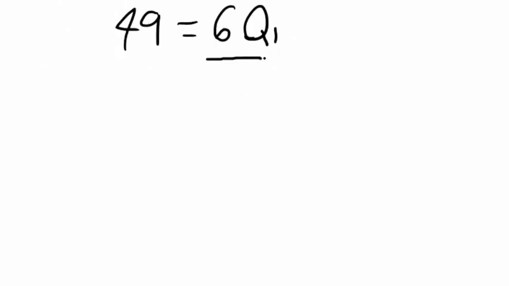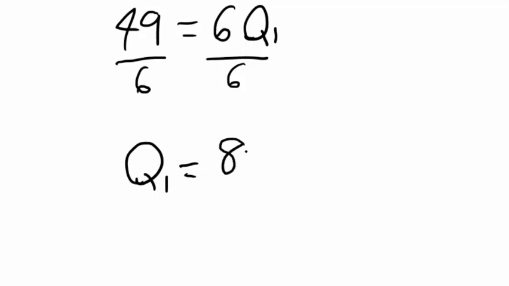Dividing both sides by 6, we find Q1 to be 8.167. So for our regular group, we would sell 8.167 movie tickets at a price we don't know yet.